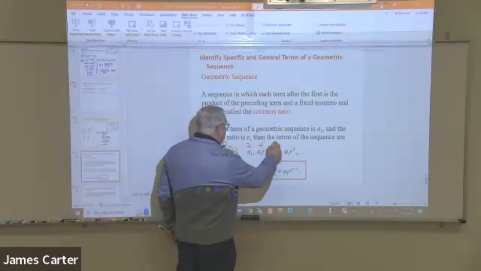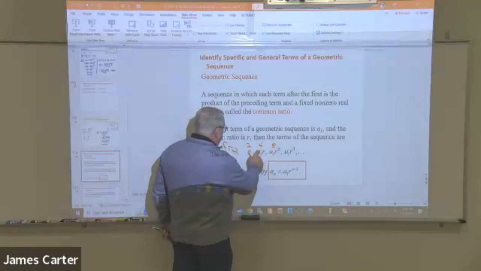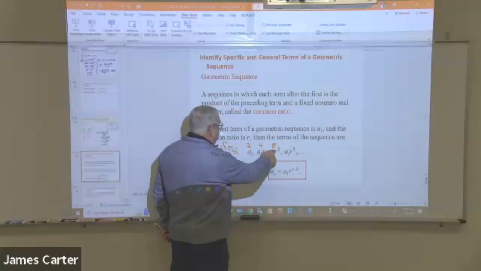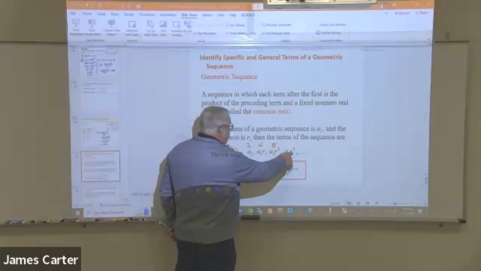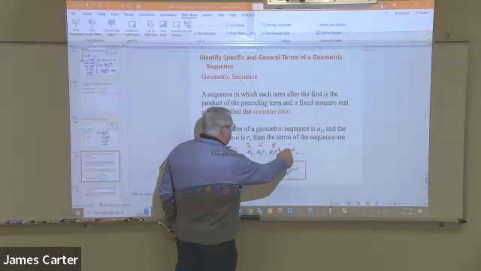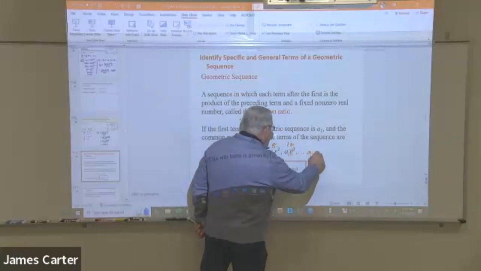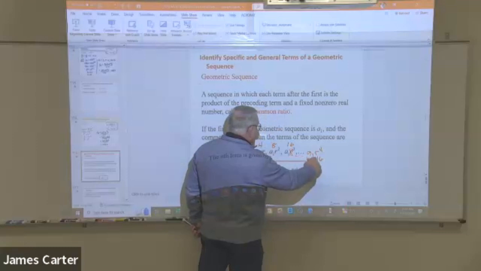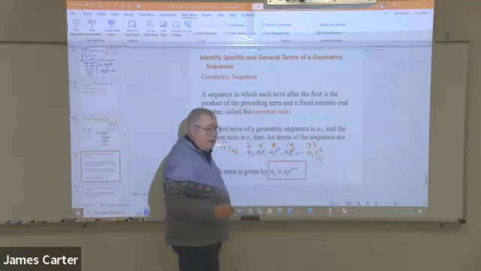Well, this one would be 8, which is this, and then times 4, which is 2 squared, so 2 times 4 is 8. This is 8, so 2 times 8 would be 16. That is 16, so 2 times 16 would be 32, and so on.